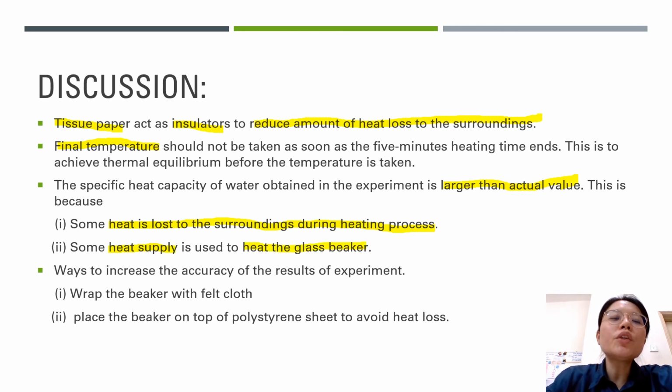So, precaution or ways to increase the accuracy, maybe you need to wrap the beaker with a felt cloth, not with just a thin tissue paper, and you need to place the beaker on top of the polystyrene sheet to avoid the heat loss. So, felt cloth and polystyrene sheet.